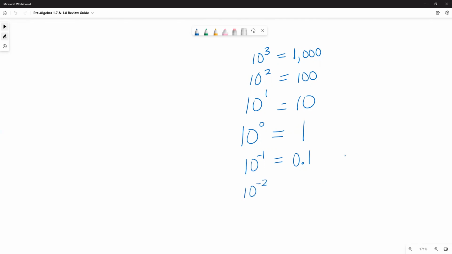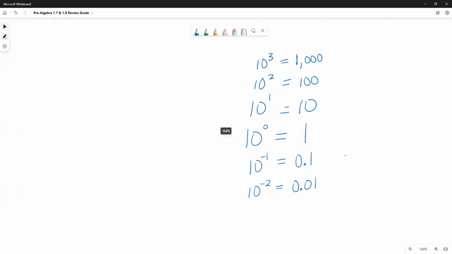Which means that 10 to the power of -2 is what? That's our 0.01. So again, you'll notice 10 squared is 100. 10 to the -2 is the hundredth, when you think about place values. So 10 does make this easier, but I'm trying to help you guys with your negative exponents. So 10 to the power of -3 is what?